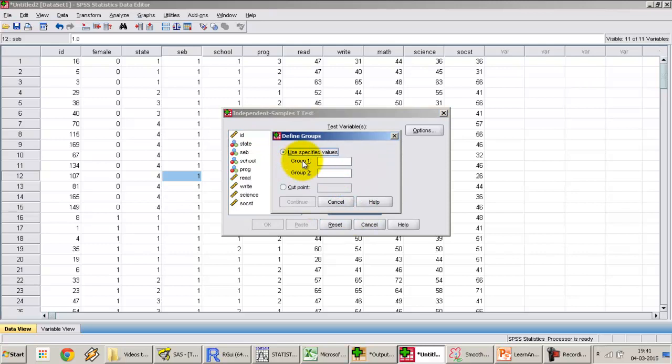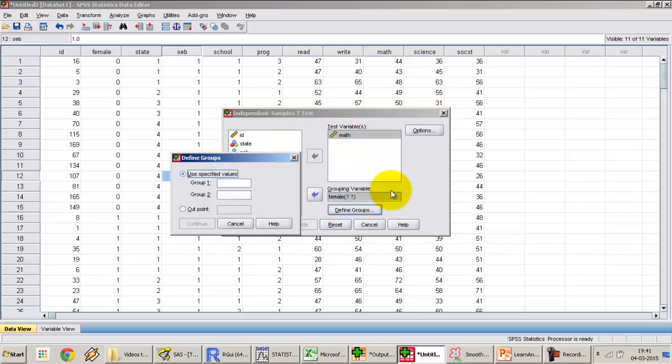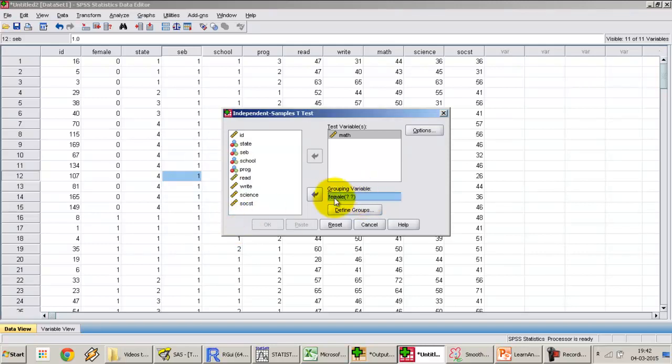Define groups. Here you can actually specify if female has more than two samples created, let's say 0, 1 and 2, or A, B and C. In that case, since independent samples can only take two at a time, we have to specify over here. But in this case, since there are only two possible values for female, we don't need to specify anything.